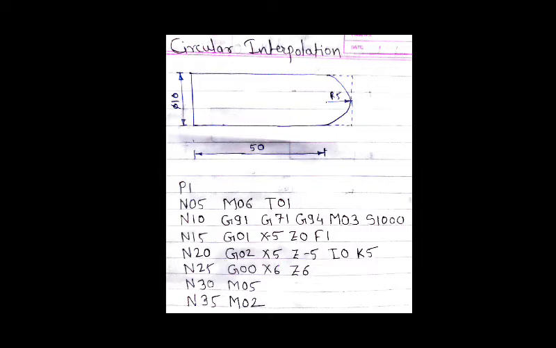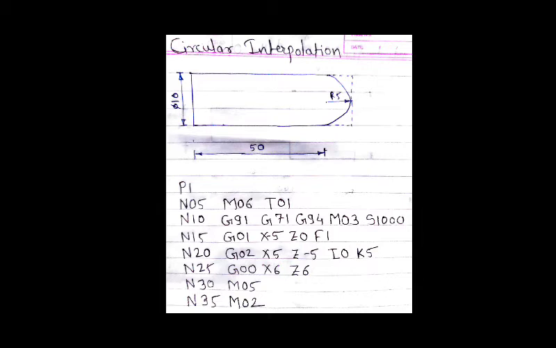X5 Z minus 5 I0 K5 are the circle parameters. Here we are going to remove the material, the dotted portion shown in the figure, in this block.